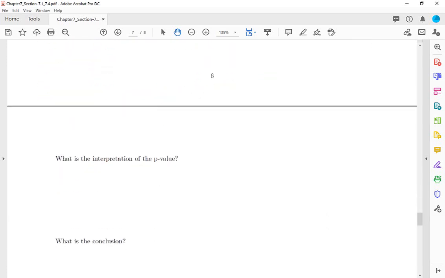When we think about an interpretation of a p-value, we're looking at our probability of seeing our statistic, or more extreme, if the null is true.